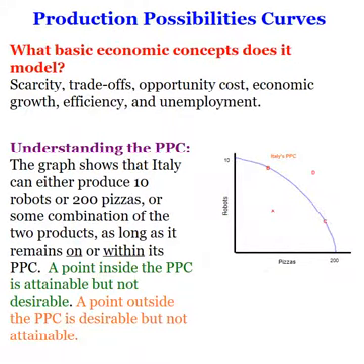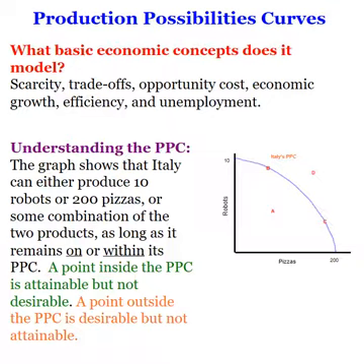Next, we're going to talk about a lot of the different economic concepts that the PPC shows. This is going to seem fast at the beginning, but don't worry, we're going to practice each of these skills. So, on this PPC, remember this is the same one before where we can either produce at maximum 10 robots, and if we're doing that, then we're not making any pizzas at all, or 200 pizzas and therefore 0 robots. But we can also produce anywhere that is on or inside the curve.